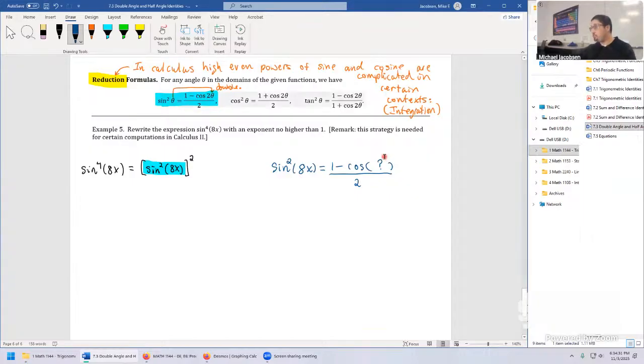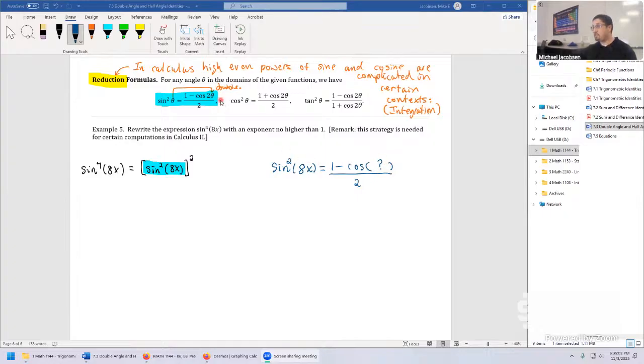Anyone see what the angle should be right here? Yeah, good call, Luke. Whatever it starts with, just double whatever the result is. And like you said, it'll turn into a 16x right here.